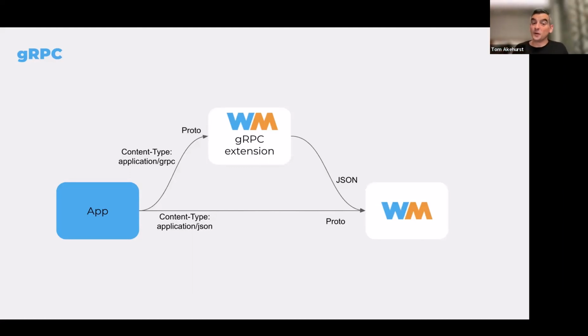So as far as WireMock is concerned, the core system at least, it's not doing anything it wasn't already doing. It's accepting a JSON request body and returning a JSON response body, but that's being converted to and from proto by this extension where necessary.